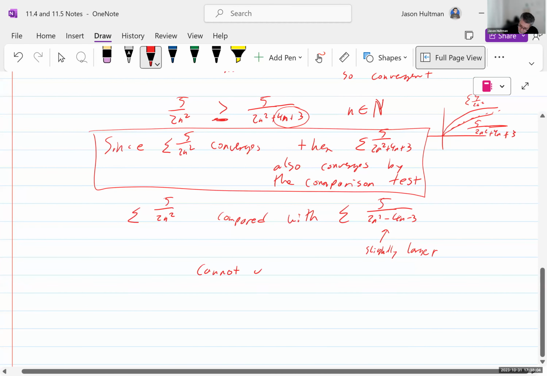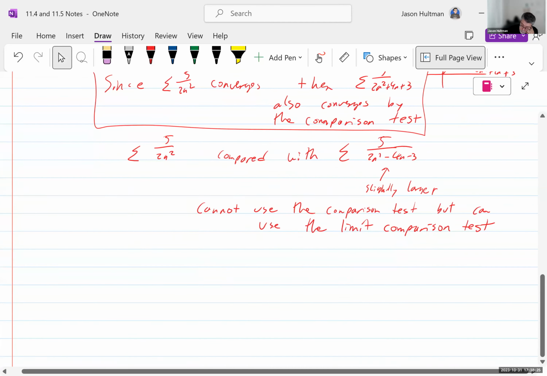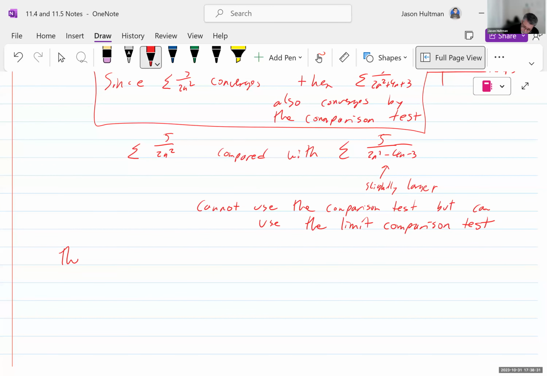We cannot use the comparison test, but can use the limit comparison test. So let's define the limit comparison test.